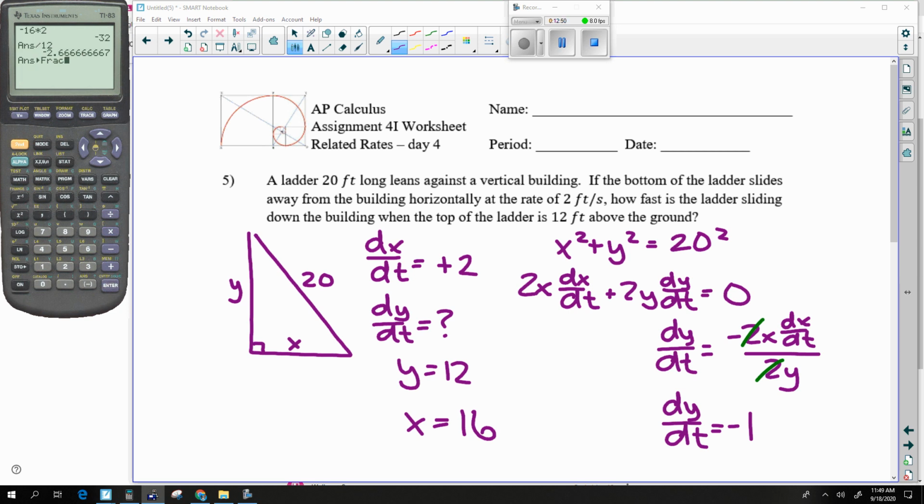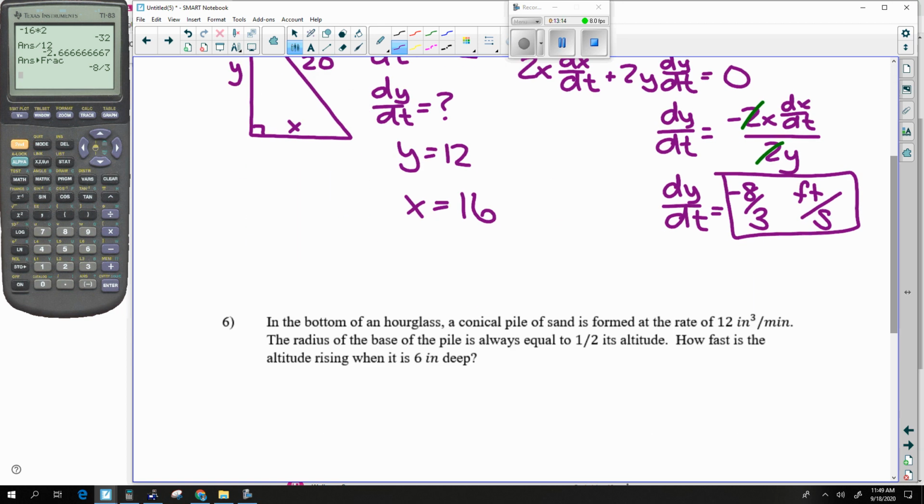There, that looks a little bit more real, right? Negative 8/3. What is the unit? y is a length, so that's feet per time, seconds. AKA negative 2.666.